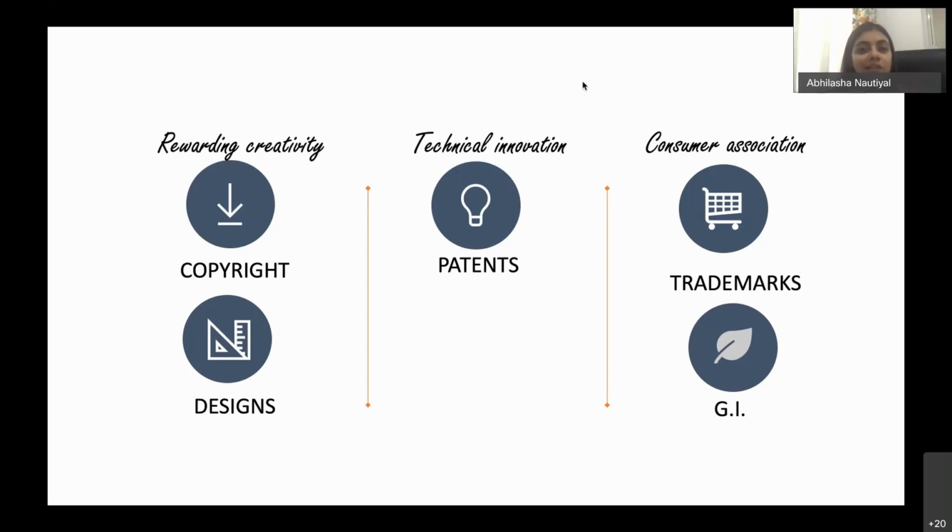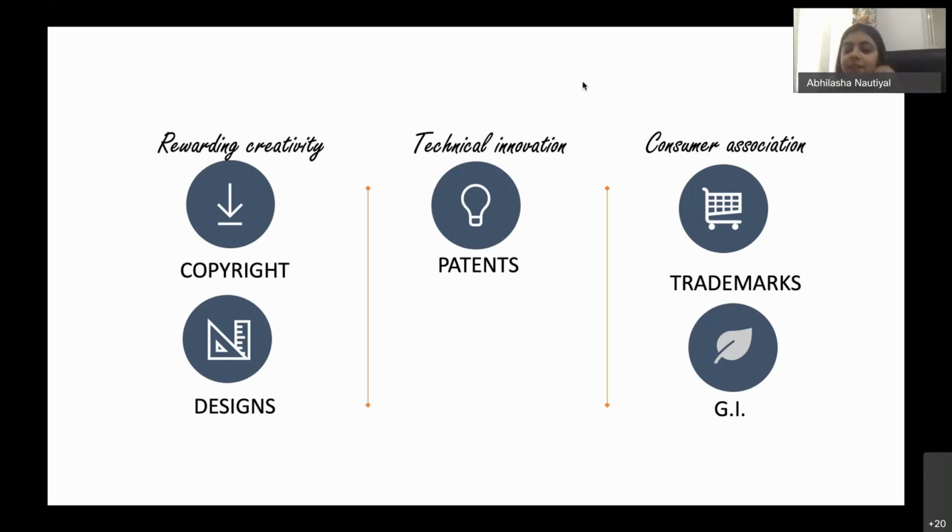So an artistic work is defined so broadly that it could even cover a logo. So all logos, as long as they are original, as in they are created by someone and not copied, they are entitled to copyright protection. So it's a very wide-ranging array of works that are covered by copyright.